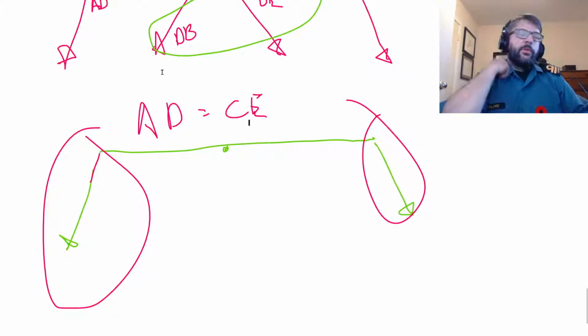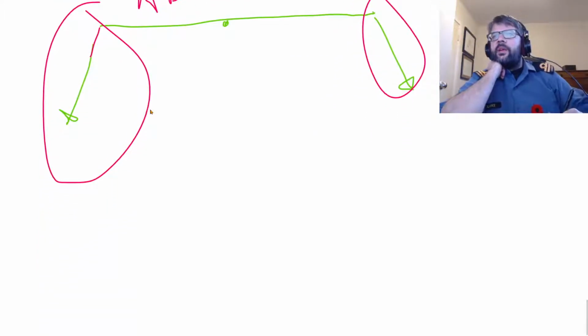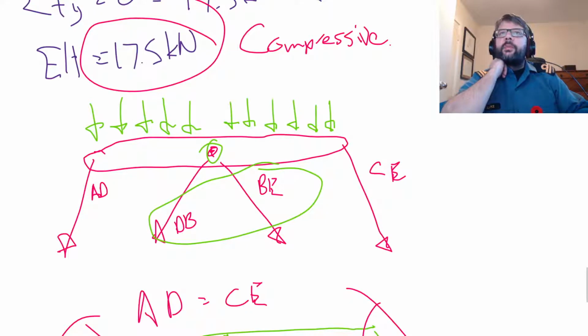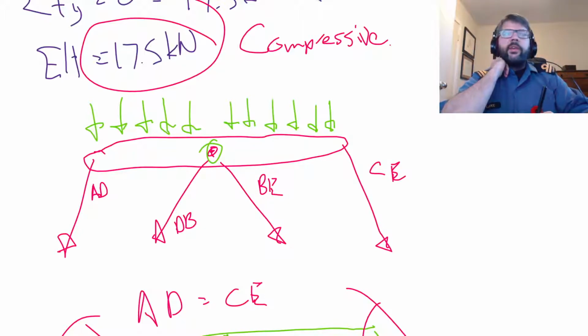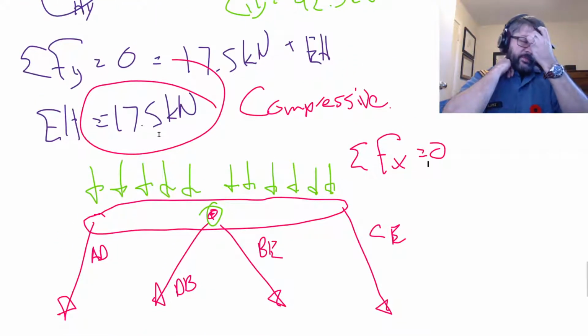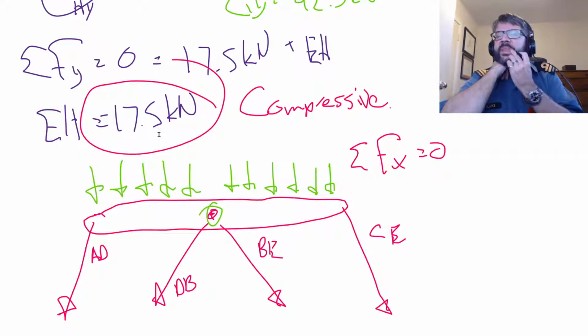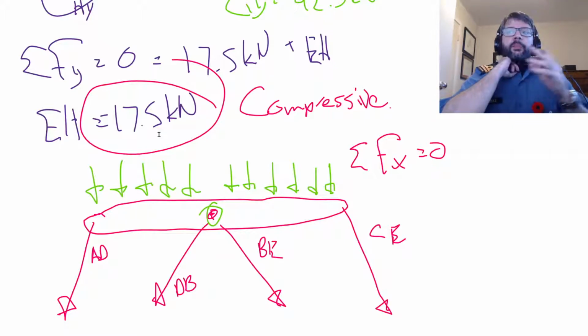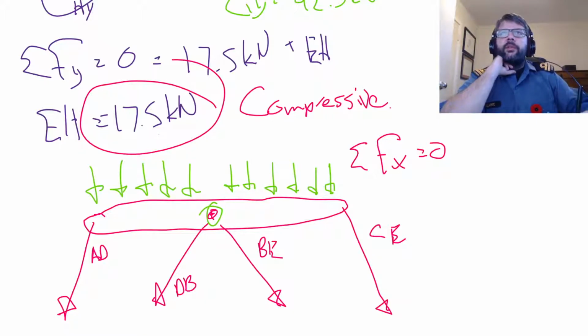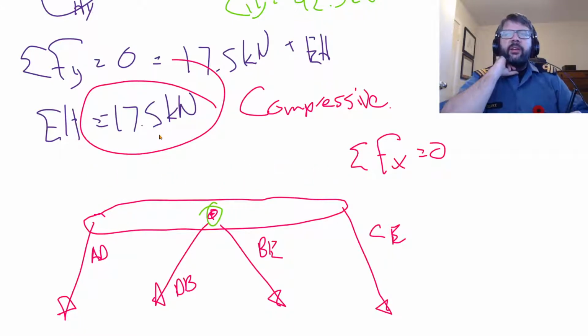But as a bonus, here, I'll just go back up to this one. If we have a look at this and we say that the sum of the forces in the x direction needs to be equal to 0 for the stuff that is acting on the bar ABC, then the vertical load doesn't matter at all.